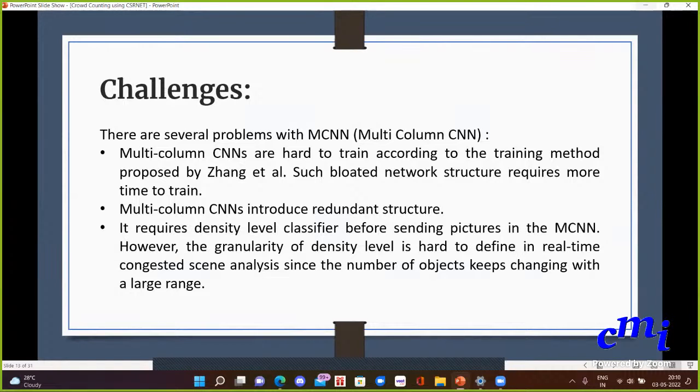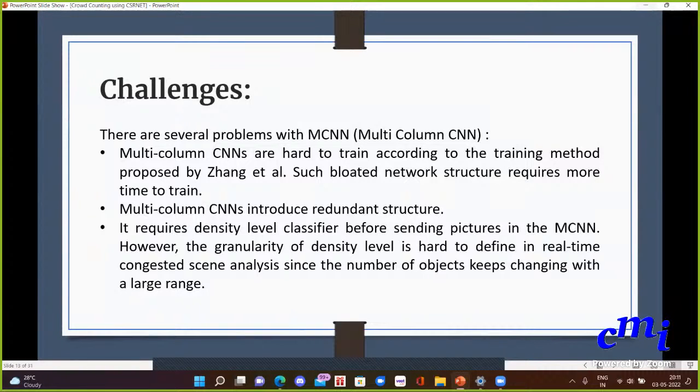So as you were saying, multi-column CNNs are hard to train according to the training method proposed by Zhang et al. Because it has a very bloated network structure, and it requires more resource in terms of time and other aspects. Multi-column CNNs also introduce redundant structure because, as you have seen, it has three parallel structures which try to address different dense crowds.